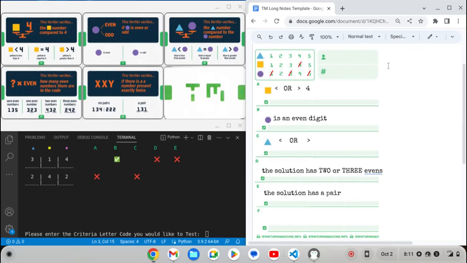Okay, and I think I may just have to test criteria card D again, because I believe that's the one that still has not been confirmed. So I don't think we're going to have a pair of 4s, because we already know that triangle and circle are not equal.